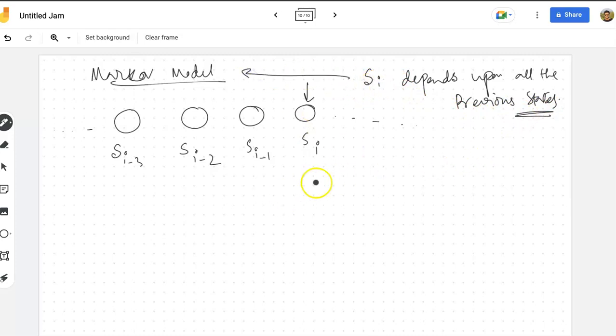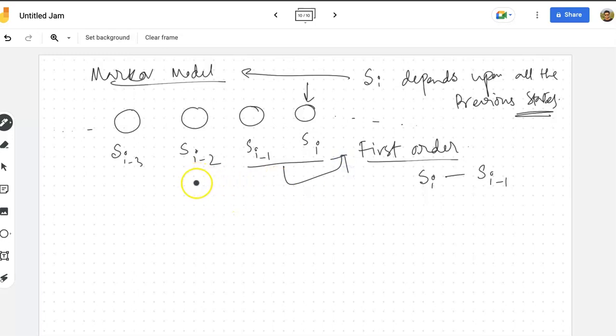Now the assumption. What is the first order Markov? In the first order Markov, Si only depends upon Si minus 1. Similarly, if Si depends upon the last two states, this is the second order Markov model.